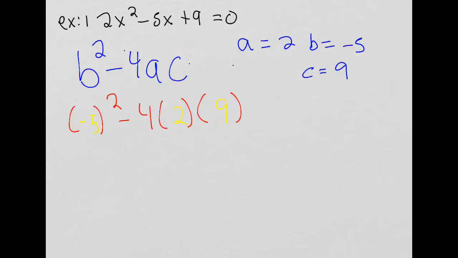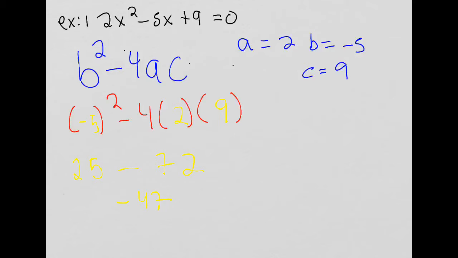So -5 squared is 25, minus 4 times 2 is 8, 8 times 9 is 72. So then I have 25 minus 72. That gives me -47.